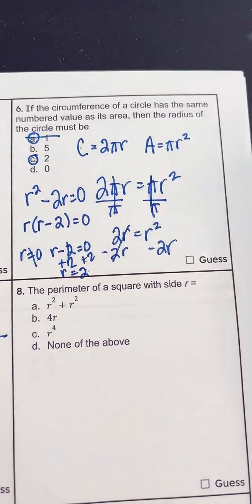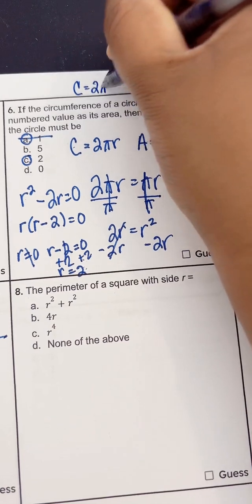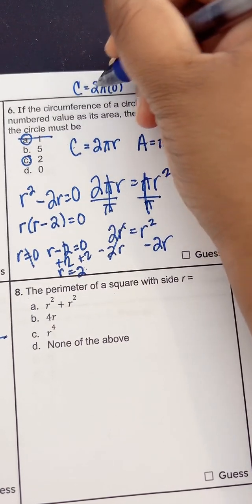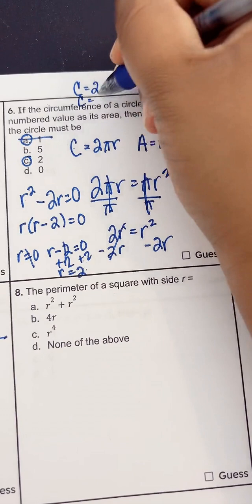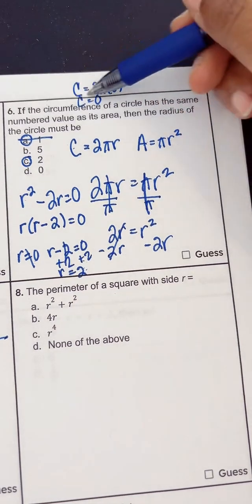If we plug in 0, 2 times pi times 0, the circumference will be 0. When you have no circumference, 0 is like no circumference. That's why it's 0.